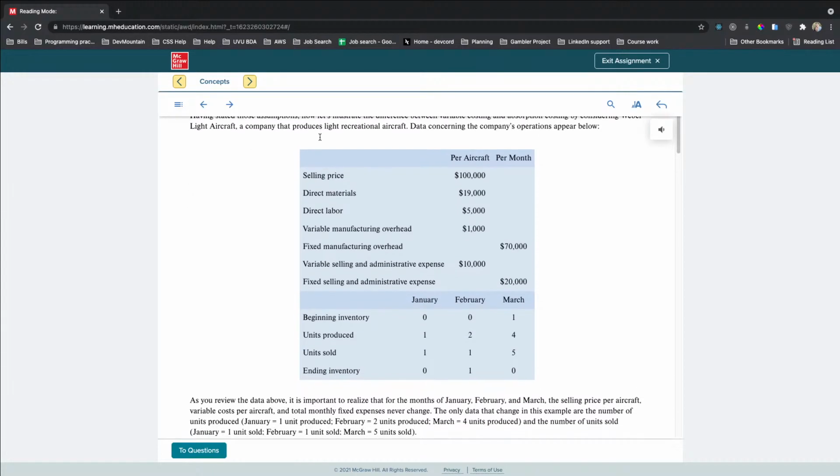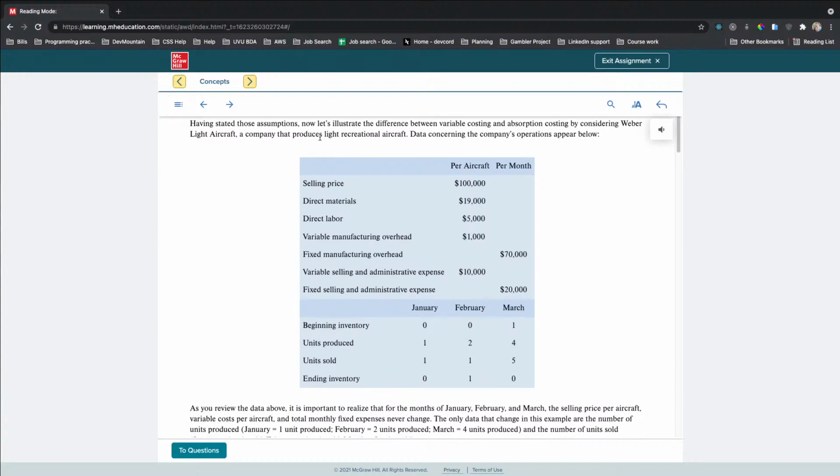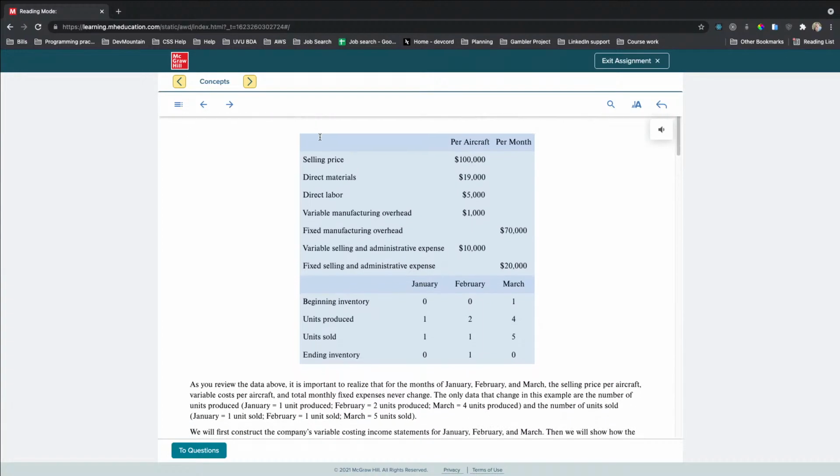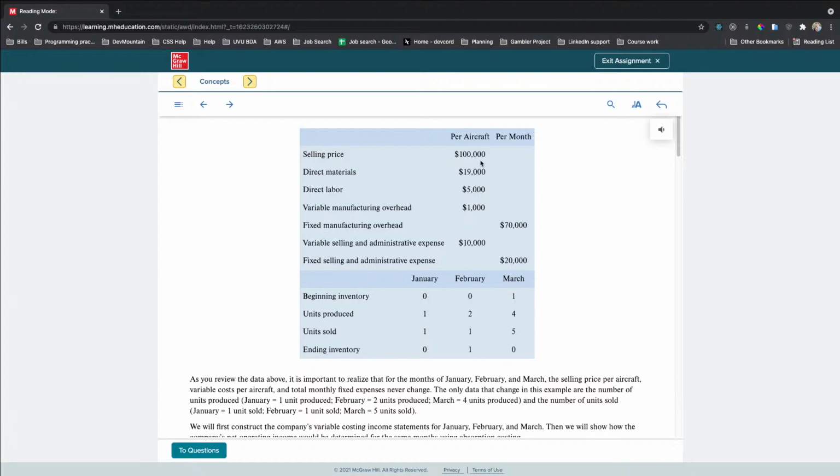Having stated those assumptions, let's illustrate the difference. Okay. So we have a selling price of $100,000 per aircraft, direct materials, direct labor, variable manufacturing overhead, fixed. I like that they have the per month. That just clears things up so much.